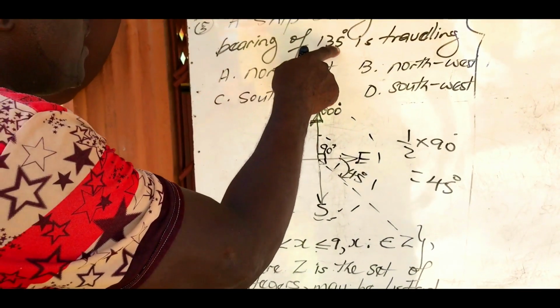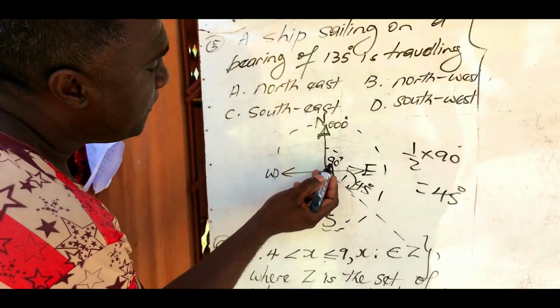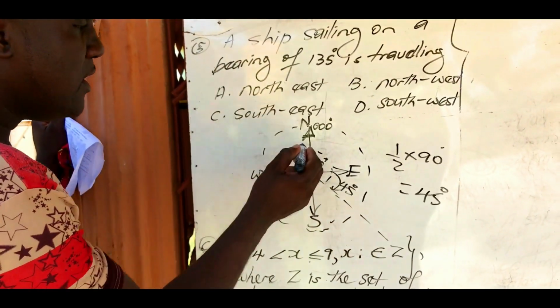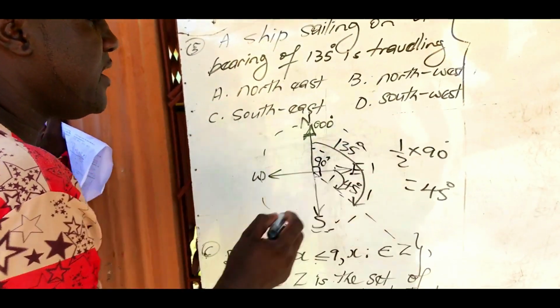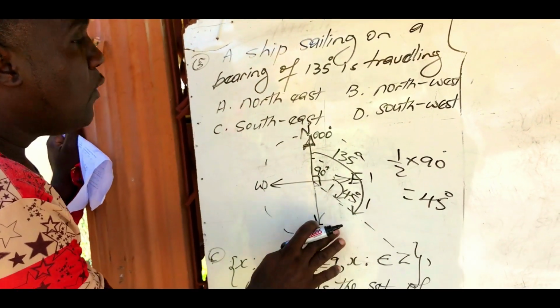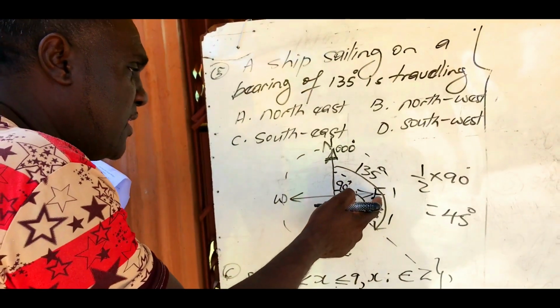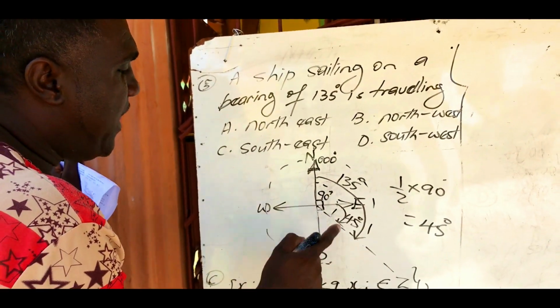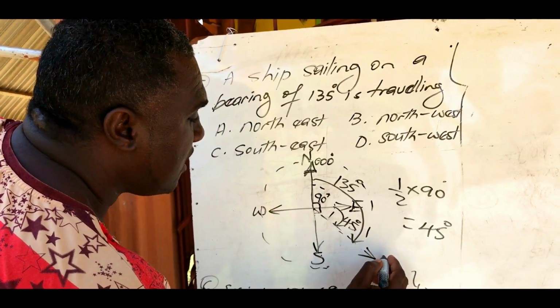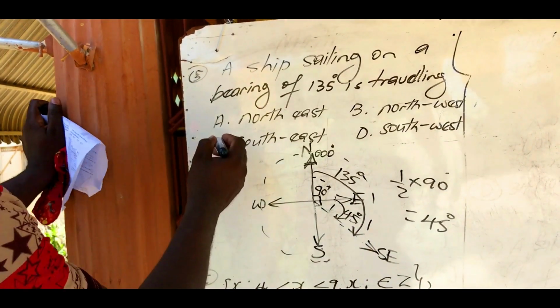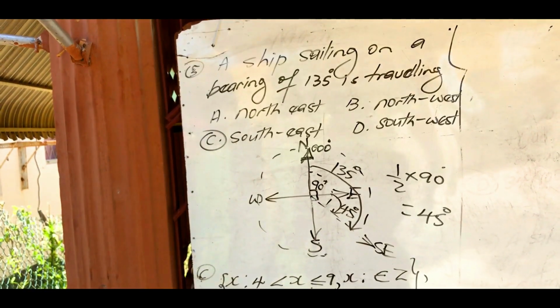And so a bearing of 135 degrees will include 90 plus 45 degrees. So this would actually be our bearing, which is 135 degrees. Now, what direction is this? If this is east and this is south, then the direction between south and east is actually southeast. And so you tick or circle C as southeast.